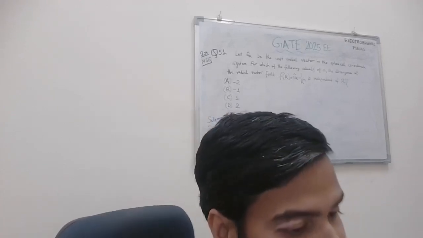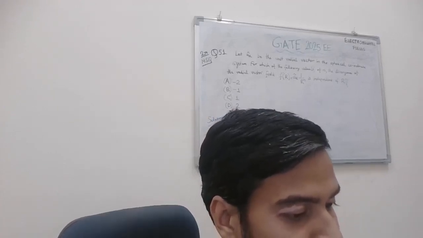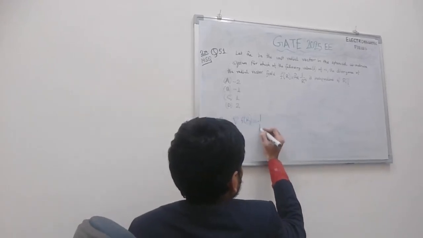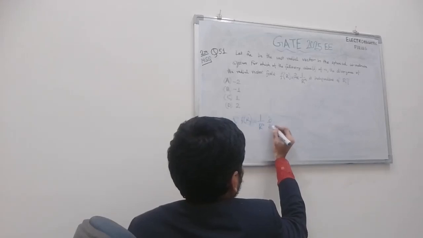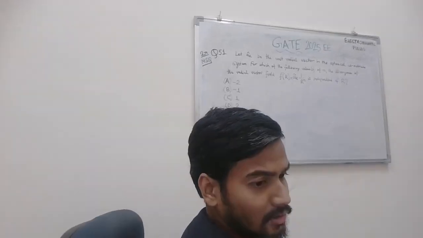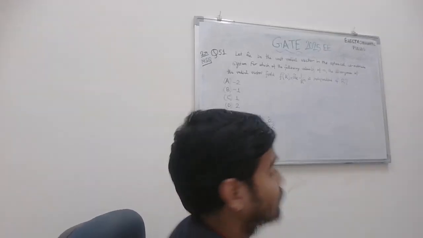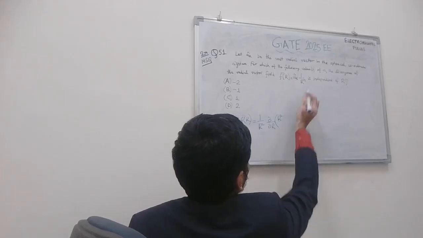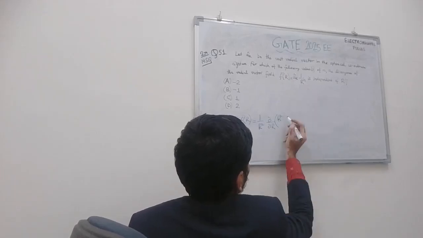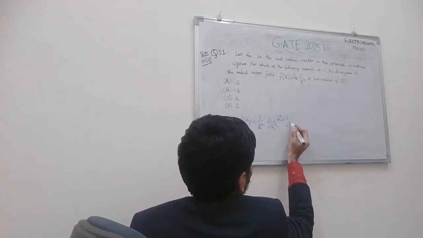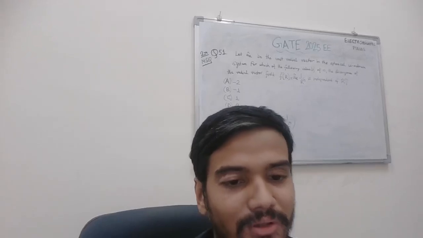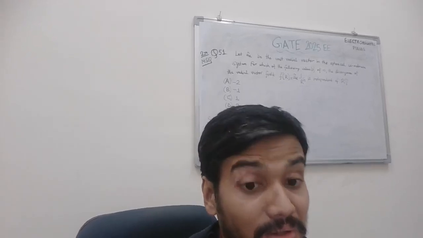In the spherical coordinate system, the divergence in the radial direction is given by 1 by r square del by del r of r square into the radial component. Radial component is 1 by r to the power n. So it is 1 by r to the power n. You have to memorize or remember the formula.